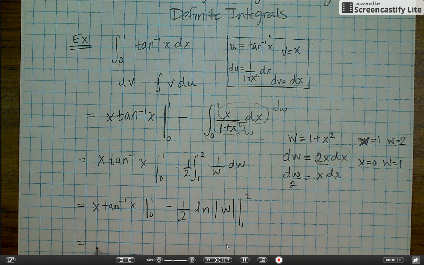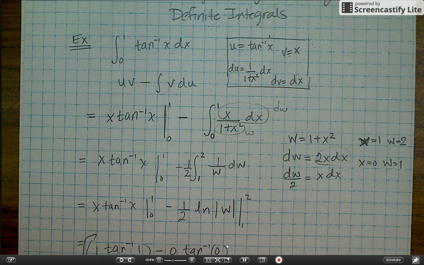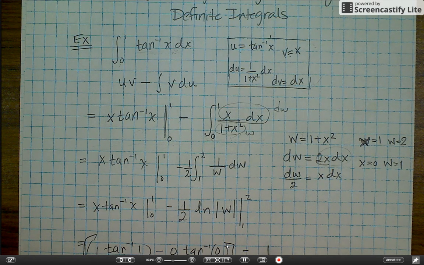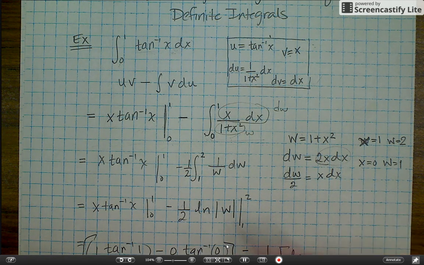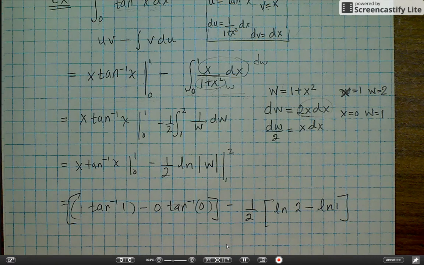So if I put in 1, tangent inverse of 1 minus 0 times tangent inverse of 0, minus 1/2 natural log of 2 minus natural log of 1. Like so.